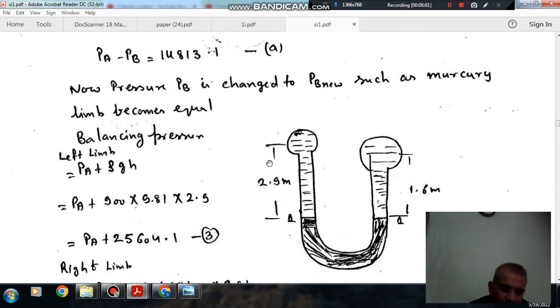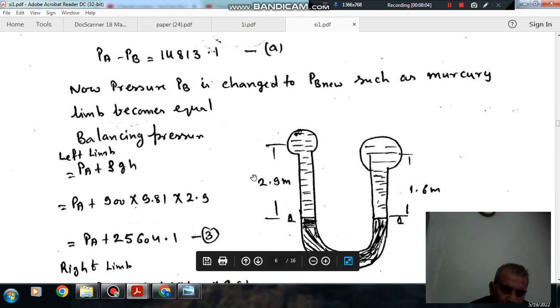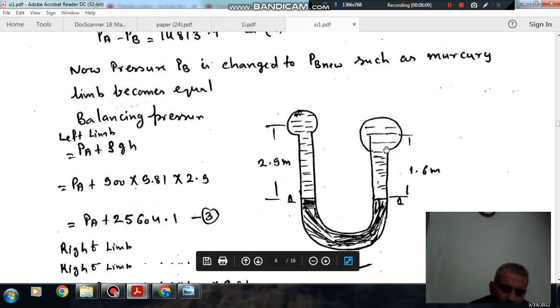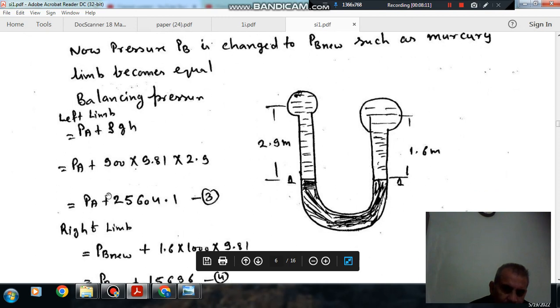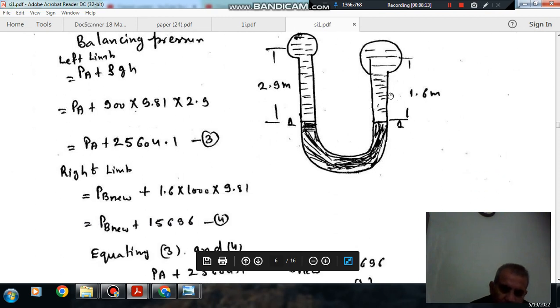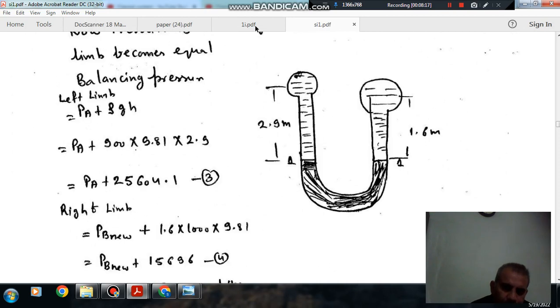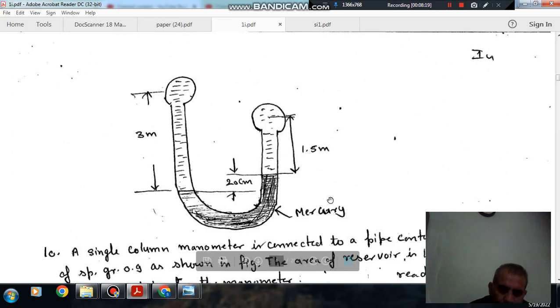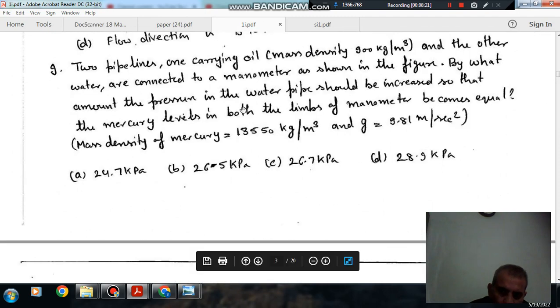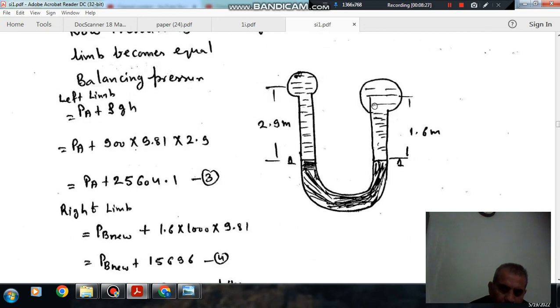Balancing head in the left limb, PA plus rho g h, so PA plus 900 into 9.81 into 2.9. In the right limb it is PB new, because we have to change only the pressure PB. The question is by what amount the pressure of the water pipe should change. The water pipe is the B pipe.